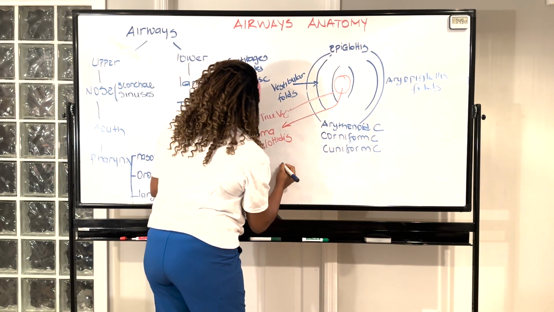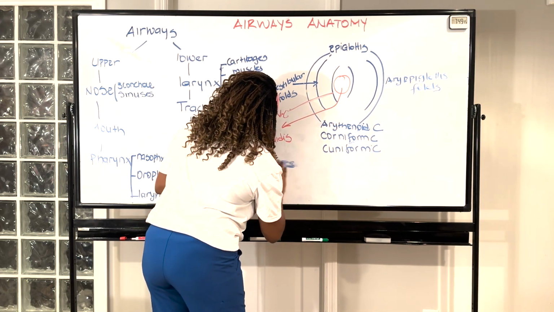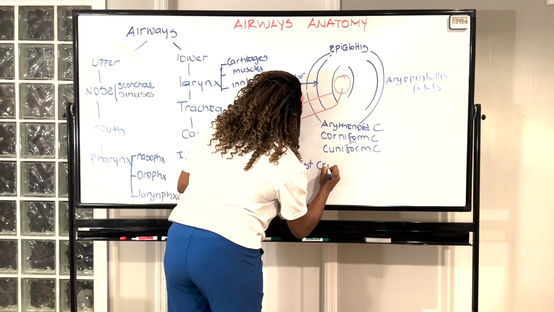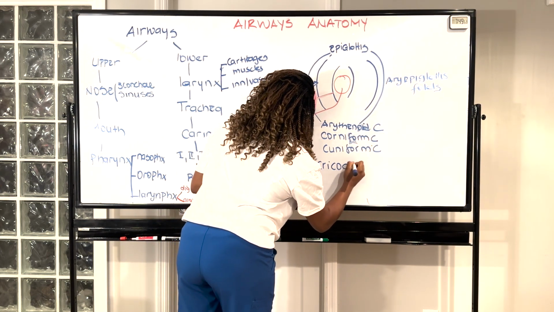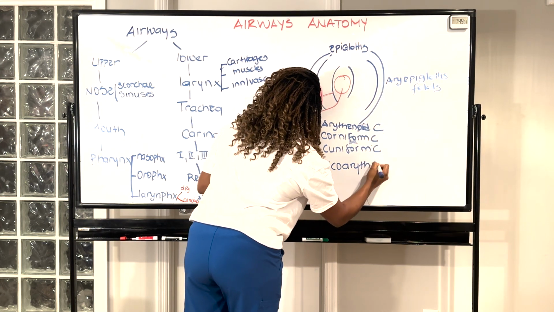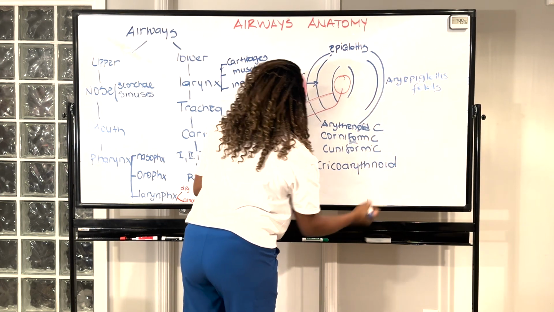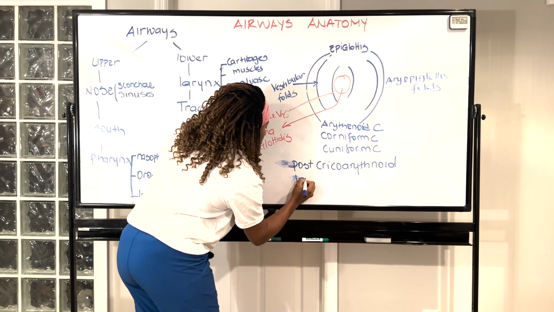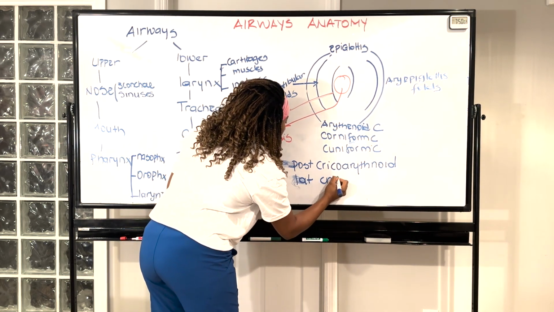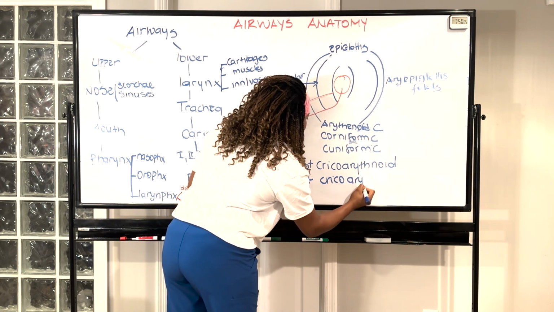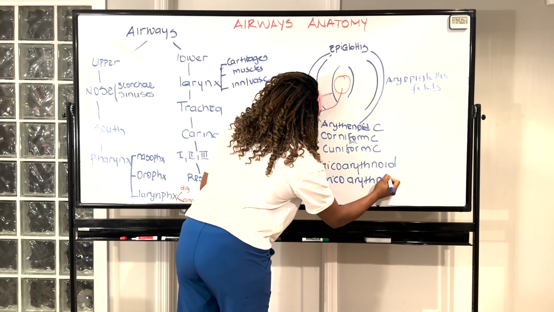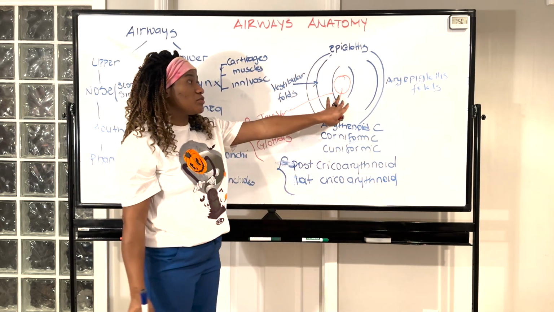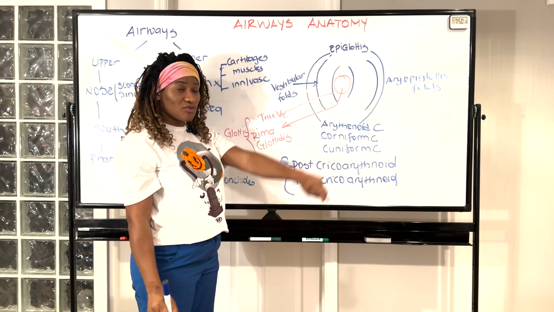We have the posterior cricoarytenoid muscle and the lateral cricoarytenoid muscle. So these are the two muscles that are going to open and close this true vocal cord.